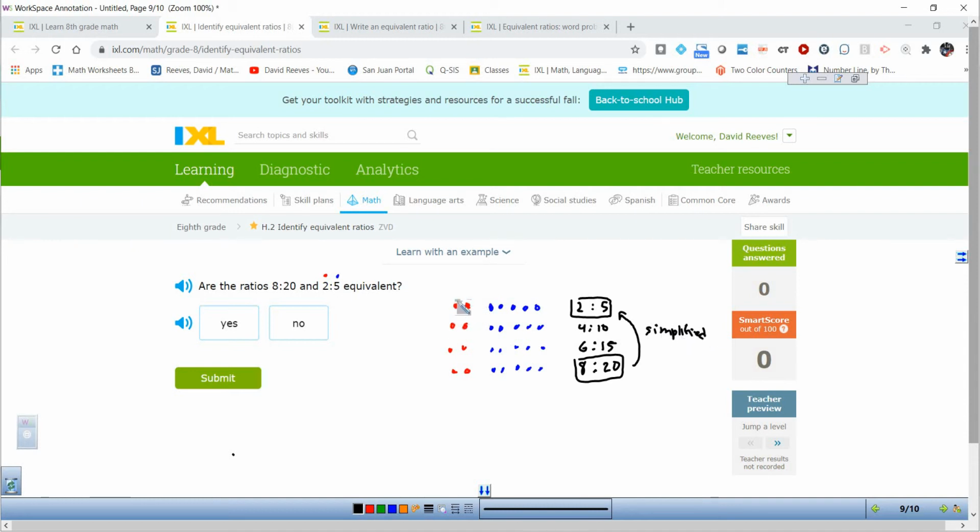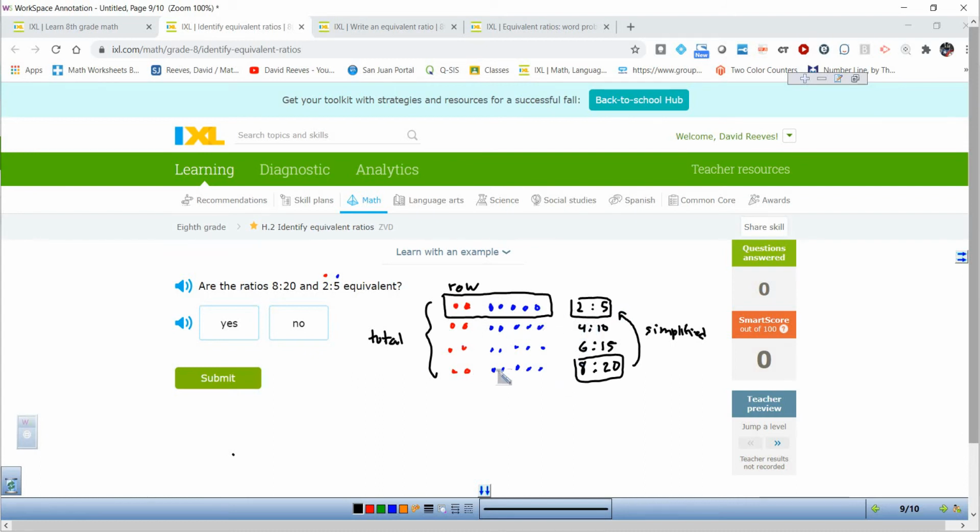If you watched the other video and did the practice on just the ratios, not equivalent ratios, then you remember we looked at the total ratio, and then we looked at one row, and one row represents the simplified version. But those ratios are equivalent.